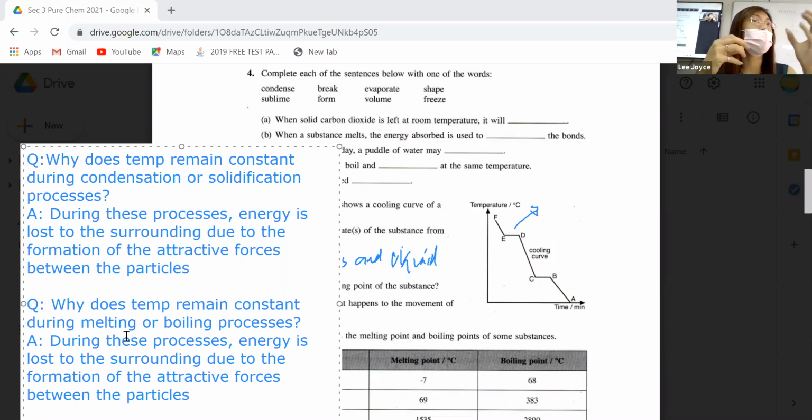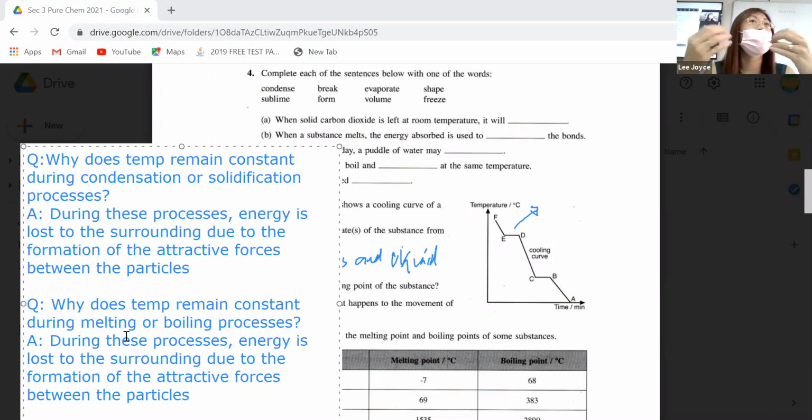All right, so imagine when the solid were to be turned into the liquid state. That's melting, right? How come in the liquid state, the particles are now further apart as compared to that in the solid state? It's because the forces of attraction have been broken between those particles in the solid state, making the particles in the liquid state to be slightly further apart. And the energy is absorbed to do that.